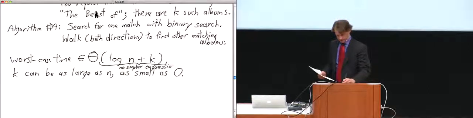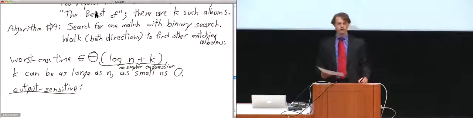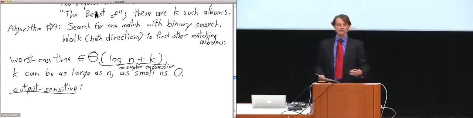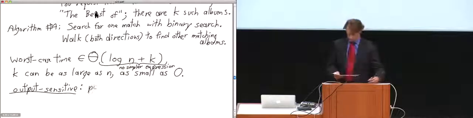You can't drop one of those terms. And this is an algorithm that we call output sensitive. An output sensitive algorithm is one whose performance depends partly on the size of the output and not just the size of the input.